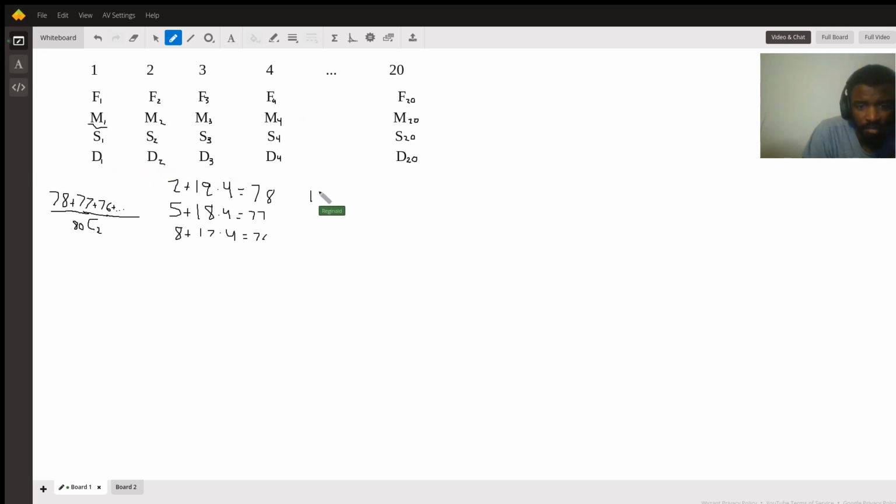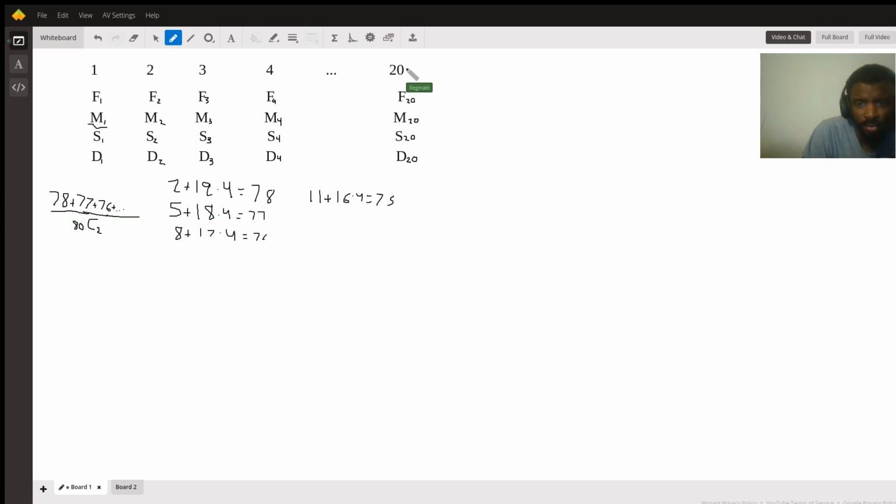So that's 11 plus 16 times 4, which gives 75. So our numerator is going to decrease. For the sake of space, I'm not going to write 75. So it's 78, 77, 76, 75.